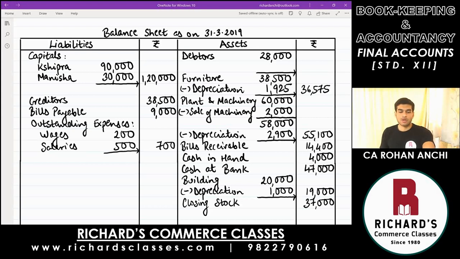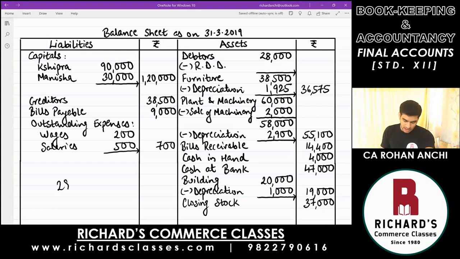Point number 6 talks about RDD, which has to be done on debtors. That also we have done in almost every question. RDD is a loss that may happen in the future. You first only reduce the value of your debtors. Come to the asset side and write minus RDD, reserve for doubtful debts, to be created at 3% on debtors.